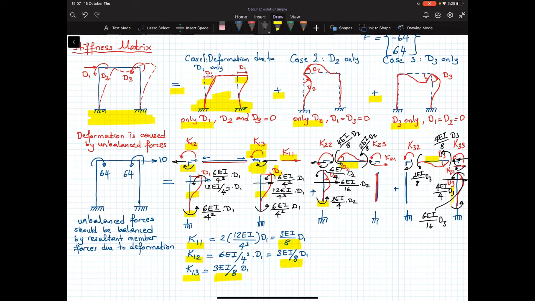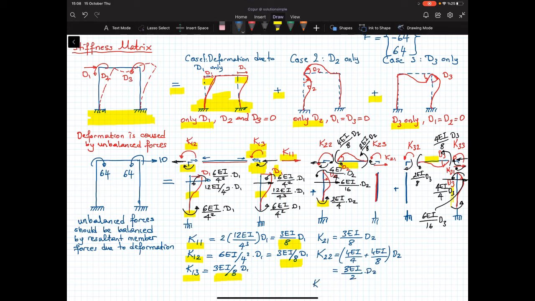And so on, and write down the nodal equilibrium equations, and we obtain K21 as equal to 3EI over 8 D2, K22 as equal to 4EI over 4 plus 4EI over 8 D2, which gives me 3EI over 2.